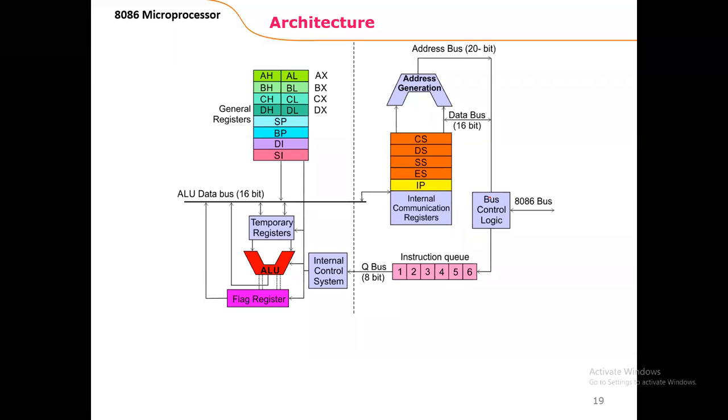The same on the opposite right side, same position. This is the bus control logic, and this position is under this position. This is the 6th block. So this is your total block diagram, with the block names. Now we discuss the block names. All clear?